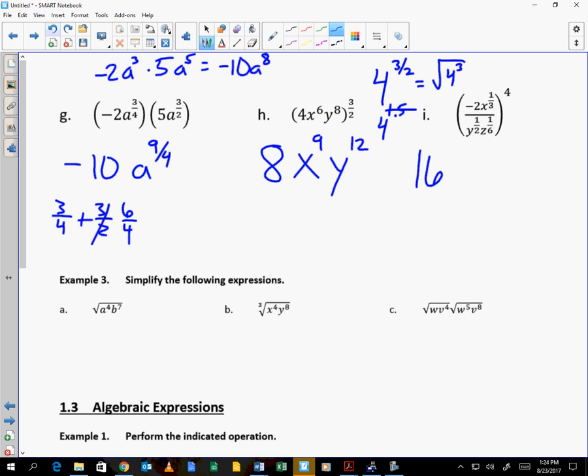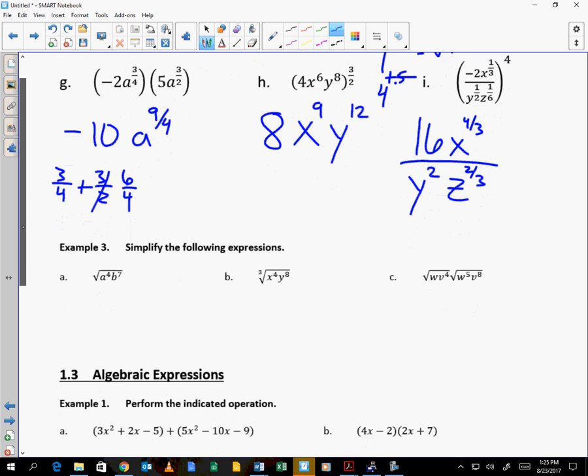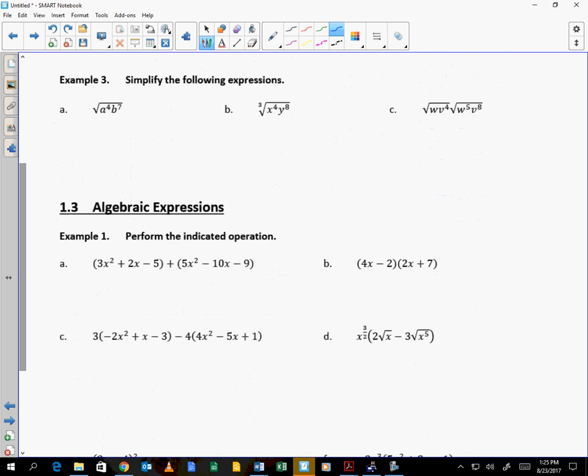And I get x to the 4/3 over y to the second, z to the, there you go. Good point. The negative is being taken to the fourth power, so therefore it goes away.